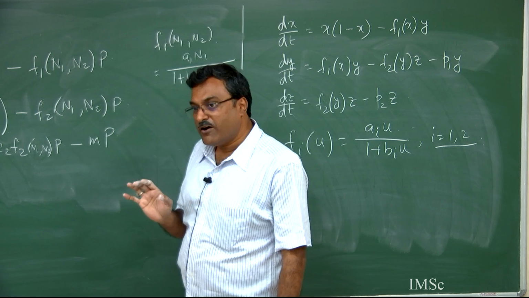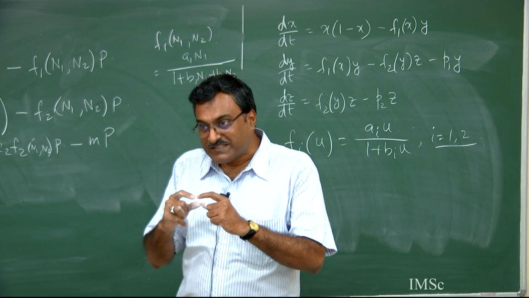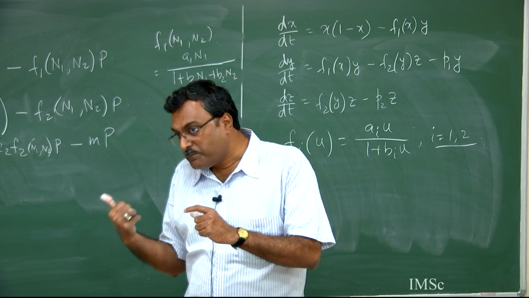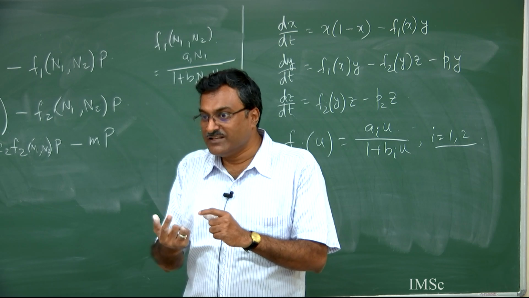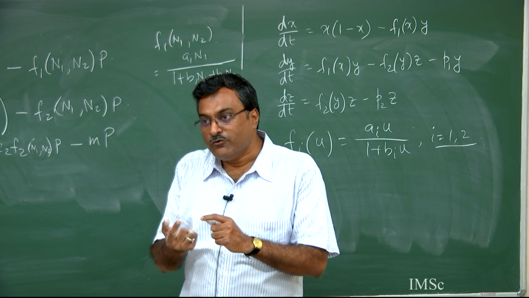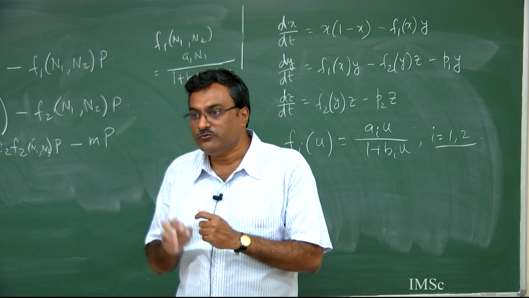Why? Because if I want to consider prey for P as a single resource, then the prey population N will be equal to the sum of N1 plus N2.